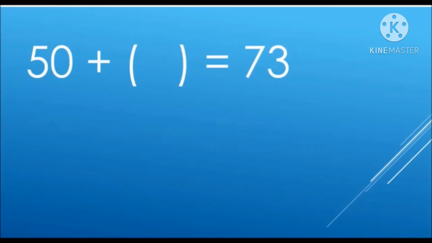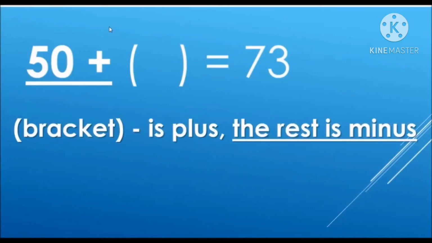Let's try another one. 50 plus missing number is equal to 73. Let's look for the first two in this equation. The first two for this equation are 50 plus. Is this a bracket minus or not? No, it's not a bracket minus. So if it's not a bracket minus, do we need to plus or minus to find the missing number?